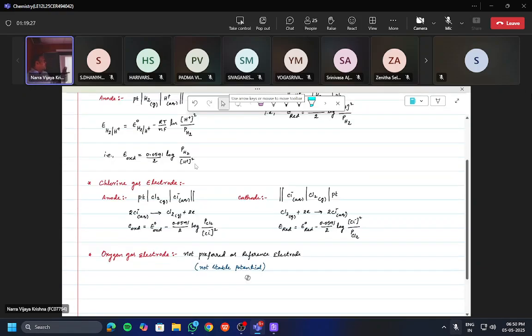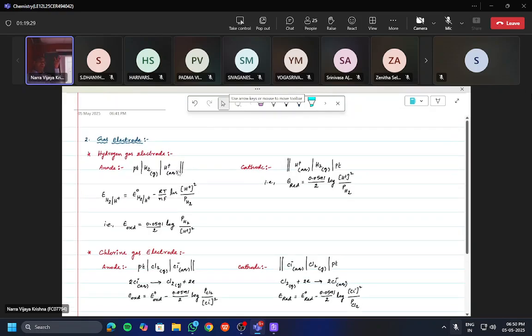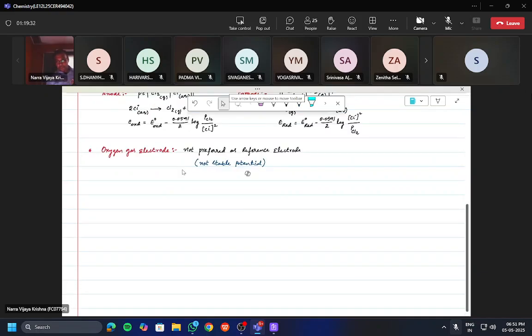So this is about the second type of electrode, that is the gas electrode. Now I am taking the third type of electrode: metal, sparingly soluble salt of the same metal electrode.